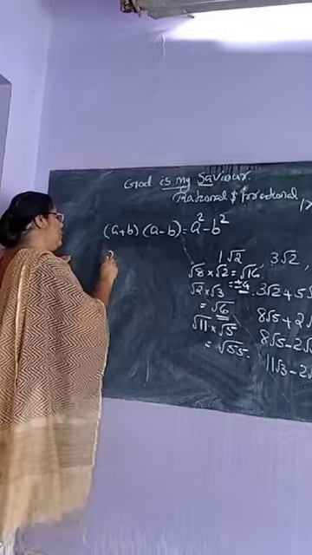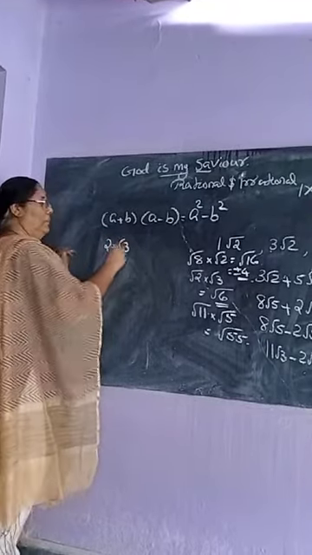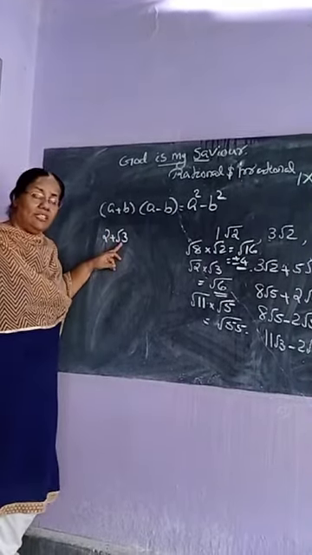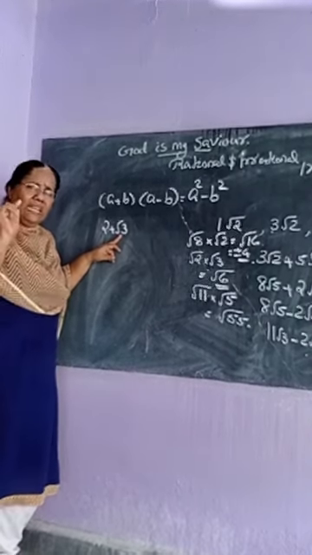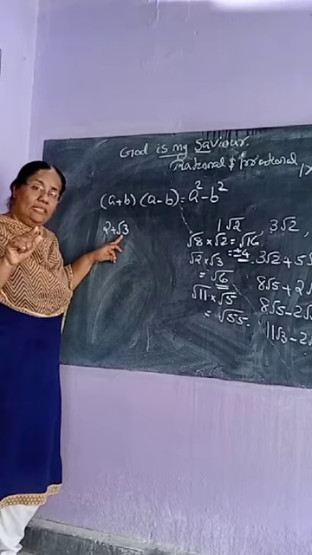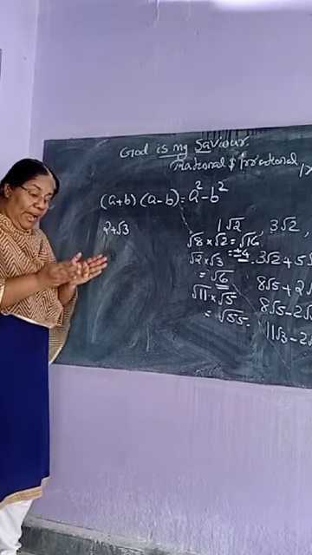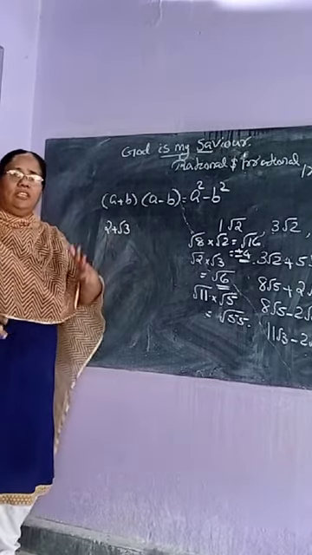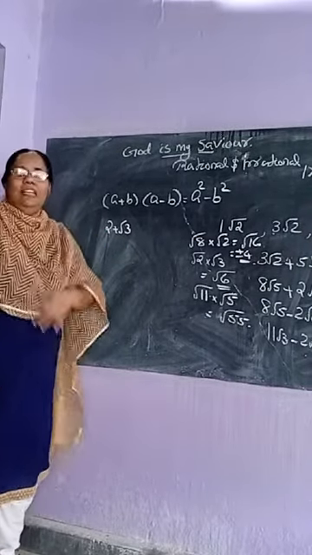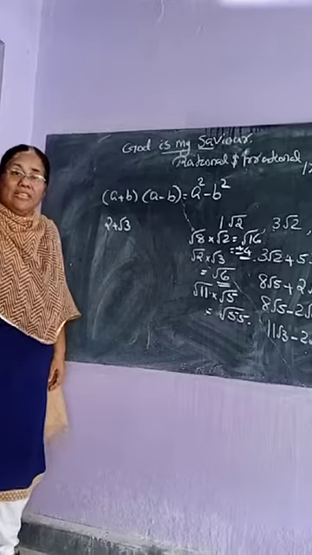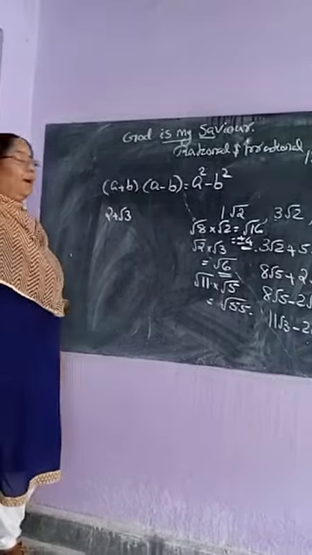2 plus root 3. Root 3 is an irrational number. Listen to this carefully. Here root 3 is an irrational number. When we add 2 to this irrational number, the total is also an irrational number. 2 plus root 3 is also an irrational number.